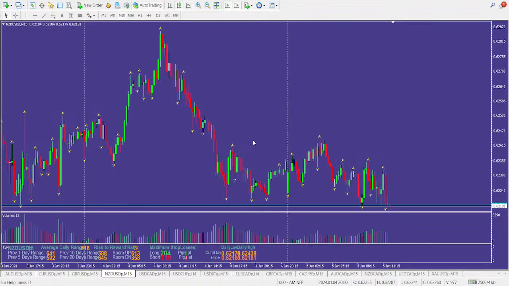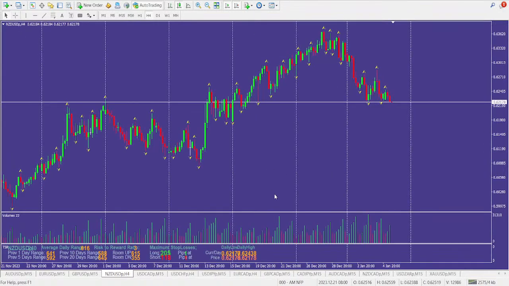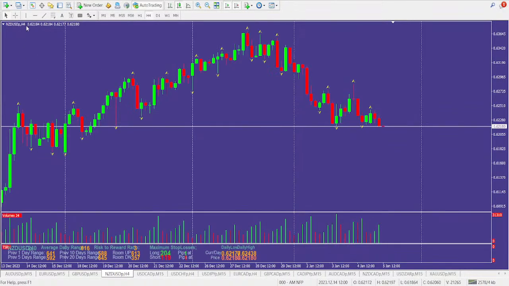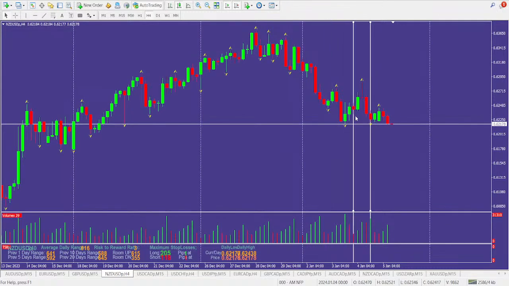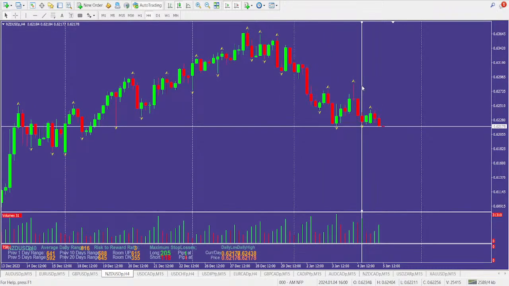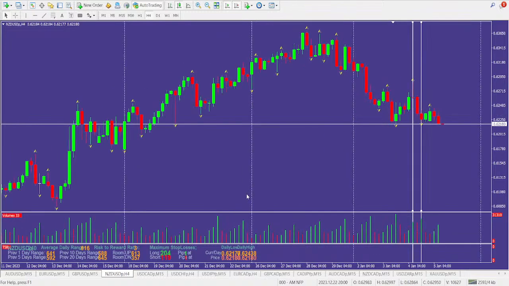So starting on the 4-hour time frame, so we can identify possible supply and demand levels. So we've got a level over here, then we've got another level over here that we can look at, and then demand.